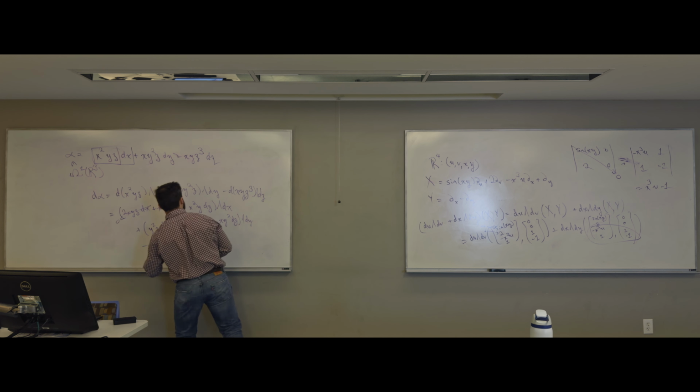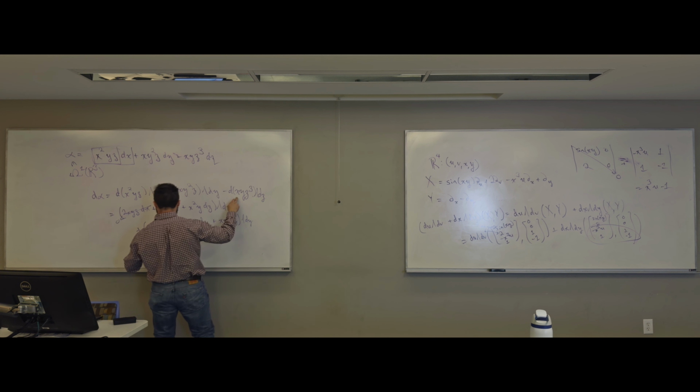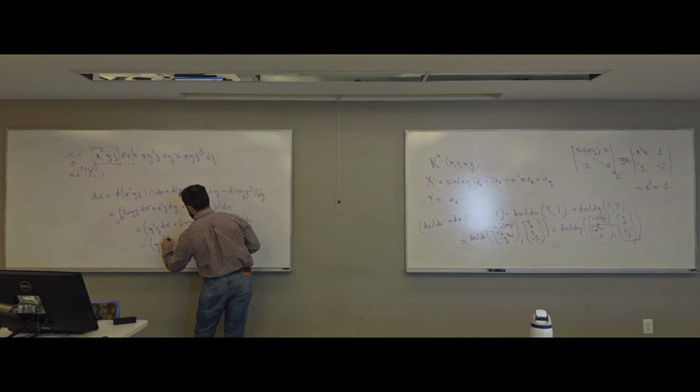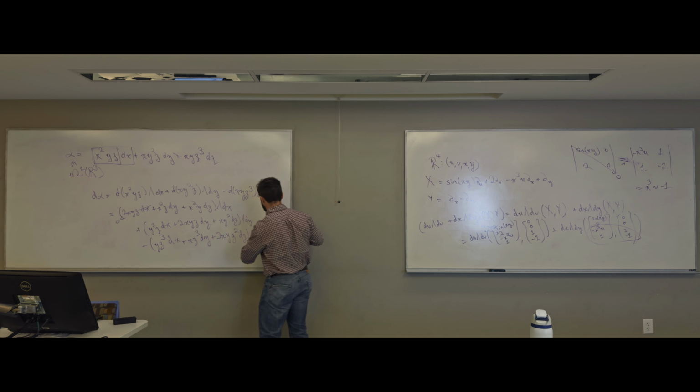And then finally, I have minus, and that's going to be yz cubed dx plus xz cubed dy plus 3xyz squared dz wedge dz.